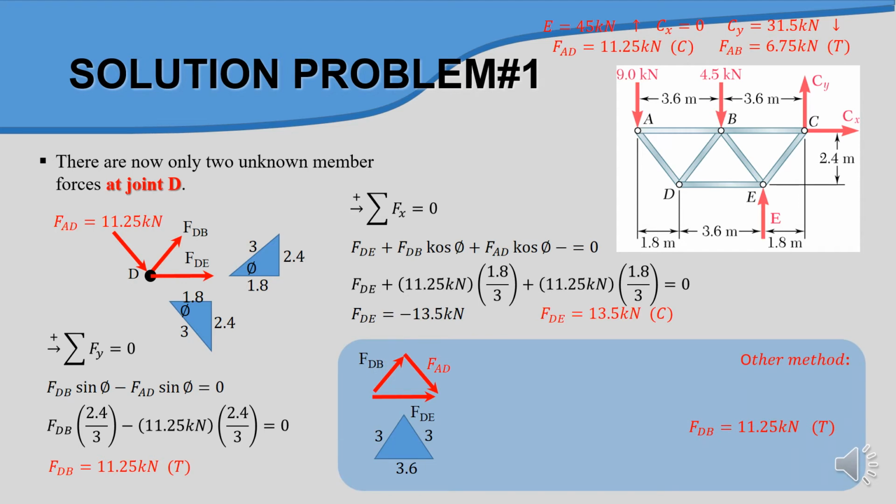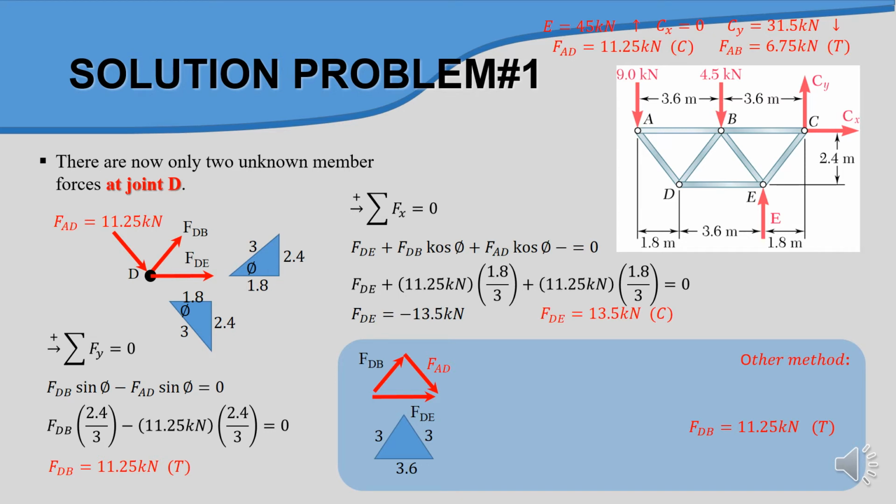Another method that can be used is the triangle method. Basically, we can rearrange the arrow, since the arrow of DE is wrong. This FDE is supposed to be in the left direction, so we can get the head to tail method.